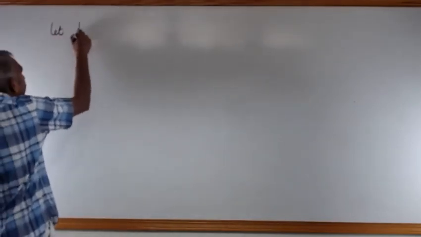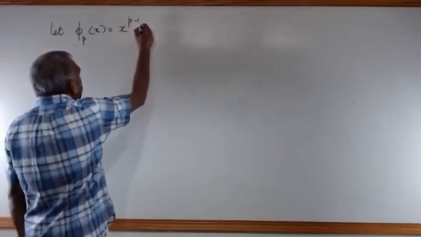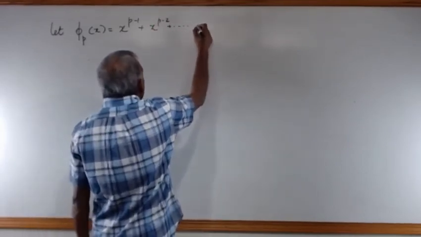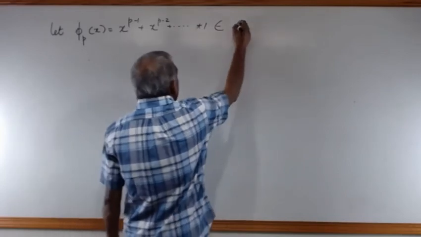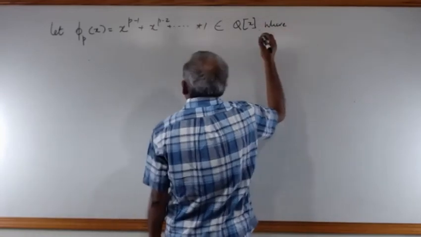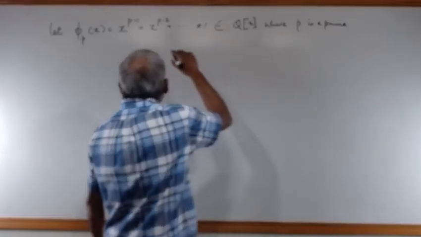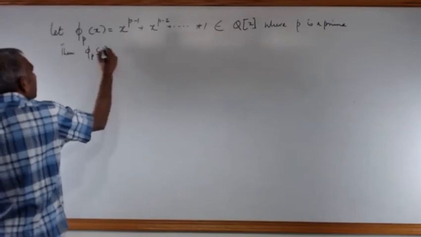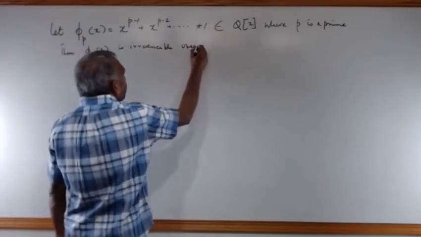Let Φp(x) = x^(p-1) + x^(p-2) + ... + x + 1 be in Q[x], where p is a prime. Then Φp(x) is irreducible over Q.